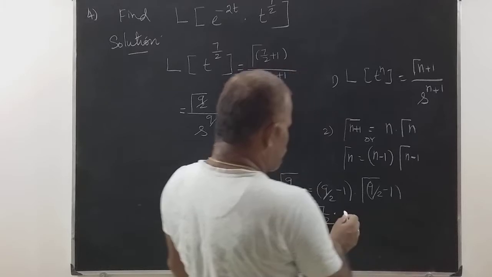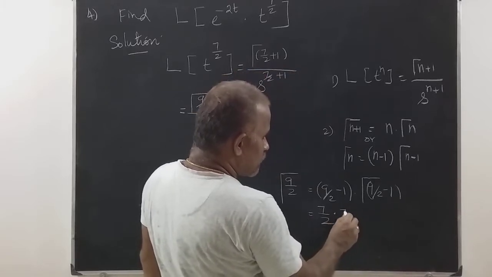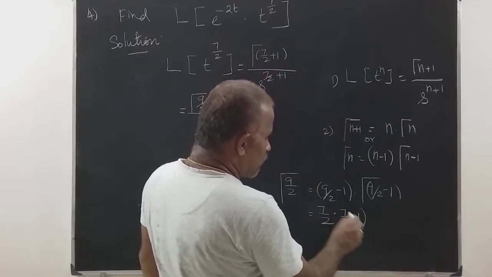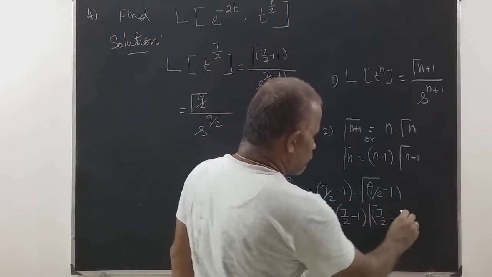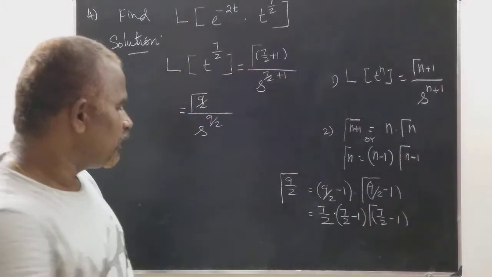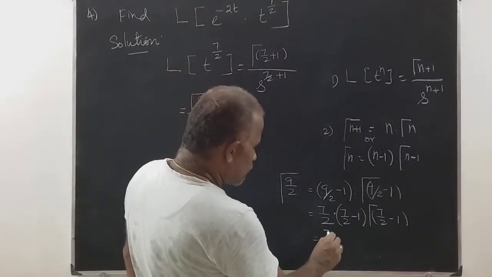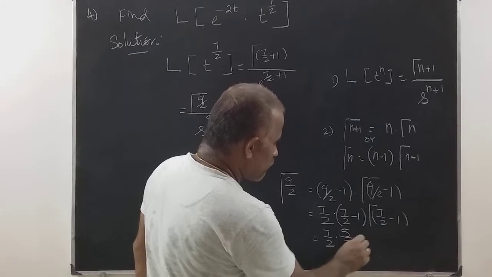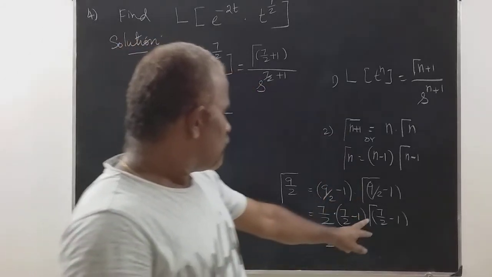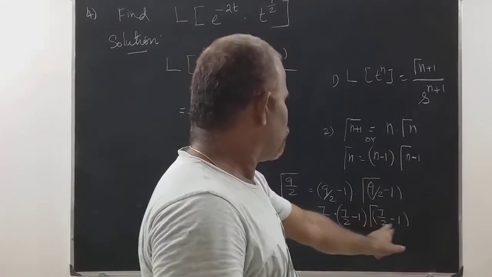Gamma of 7 by 2 is equal to 7 by 2 minus 1 into gamma of 7 by 2 minus 1. So this is equal to 7 by 2 into 5 by 2 into gamma of 5 by 2.